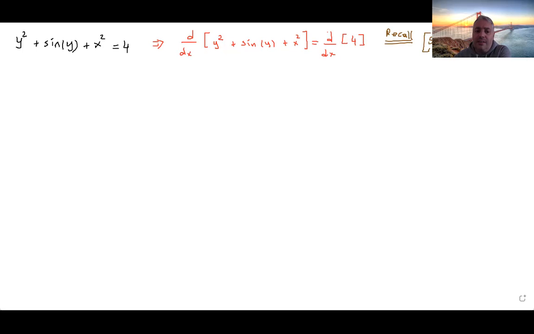We should know this, okay? The derivative of sine of u is u prime times cosine of u. Any question for this? This is the formula, okay?